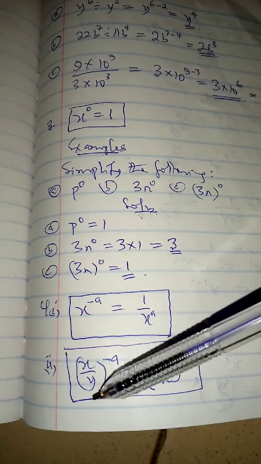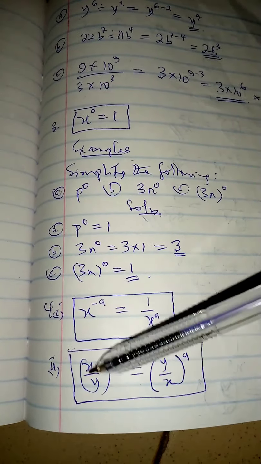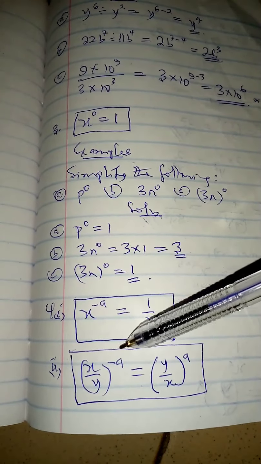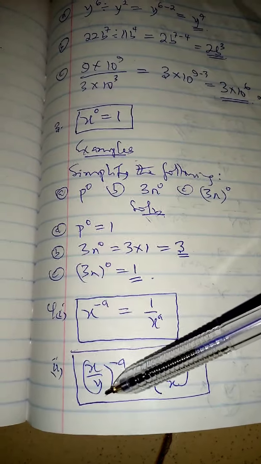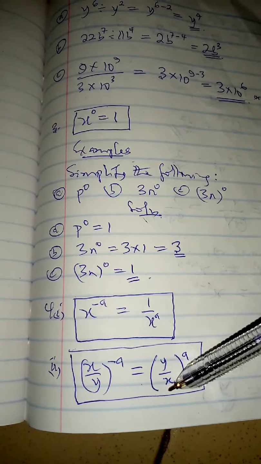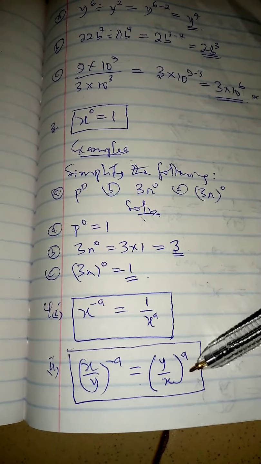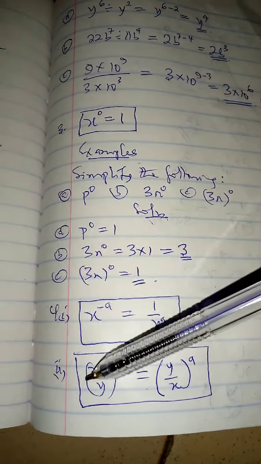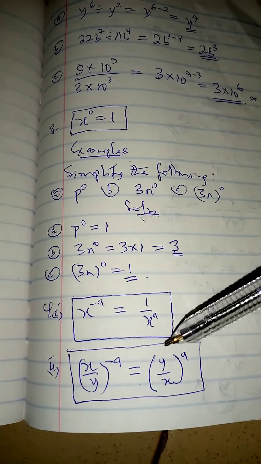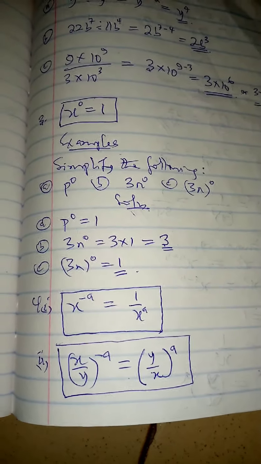And the second one is if your base is a fraction, like in this case, x over y all raised to power minus e, you reciprocate your base so that it becomes y over x. Then there will be no negative sign. You just say all raised to power e. x over y all raised to power minus e is the same thing as y over x all raised to power e.